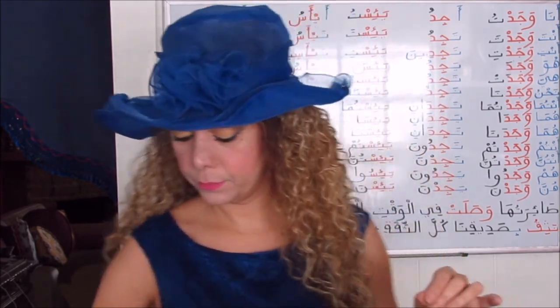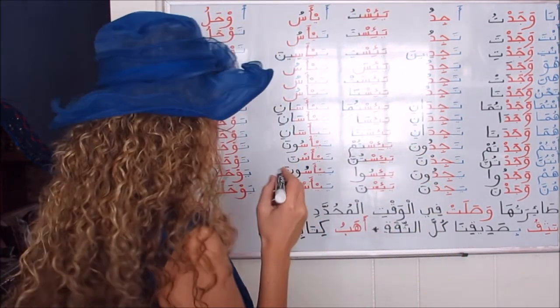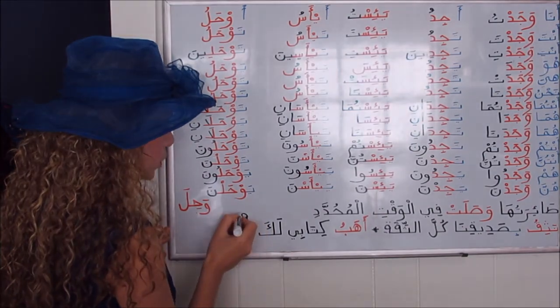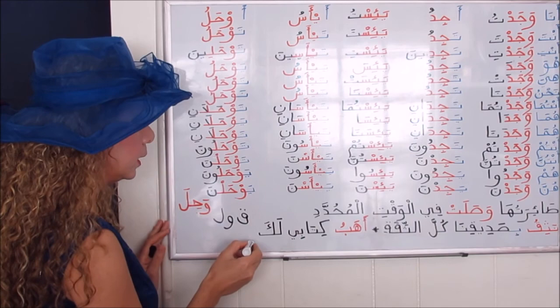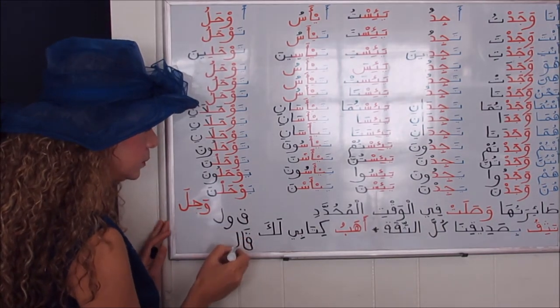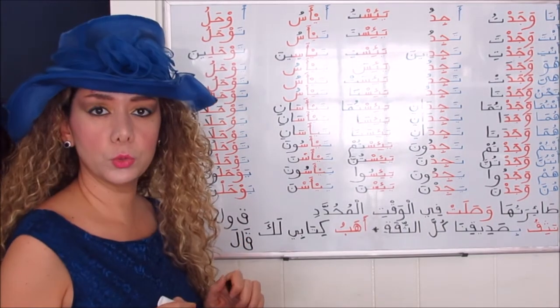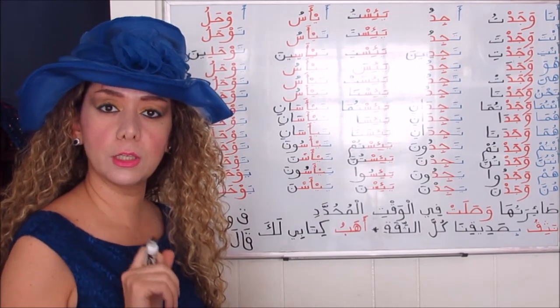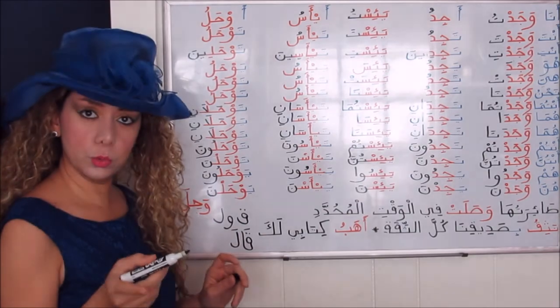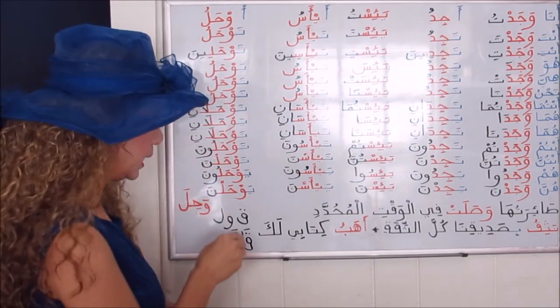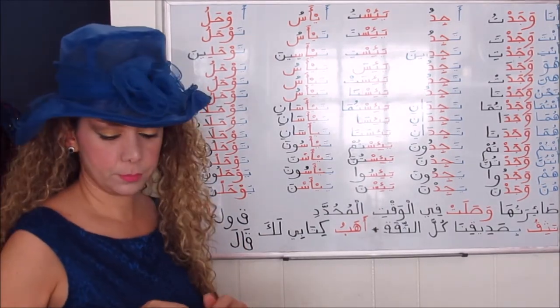For example, from the root qaf, waaw, lam, we have the verb qala, he said, conjugated in the perfect third person singular masculine. So the waaw of the root turns into an alif for hollow verbs.